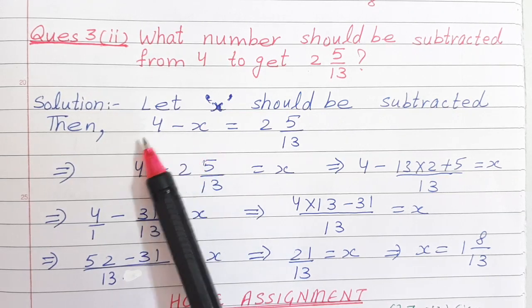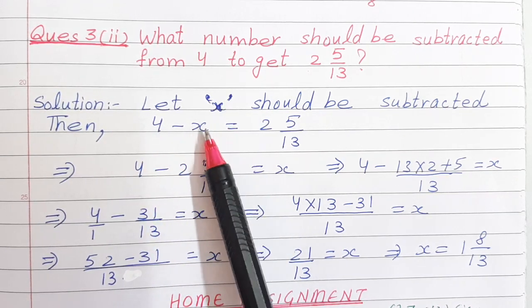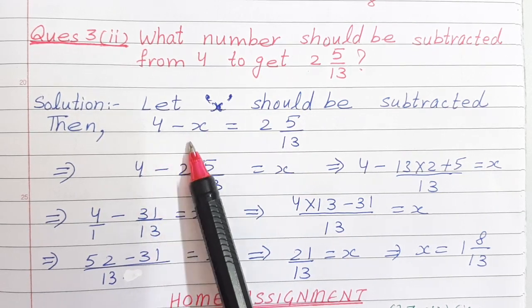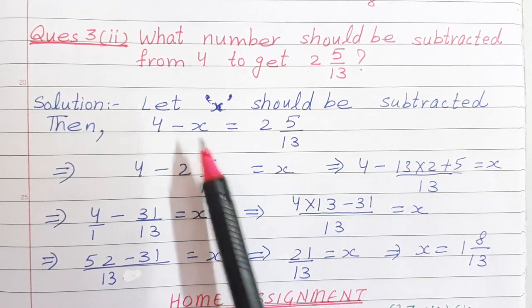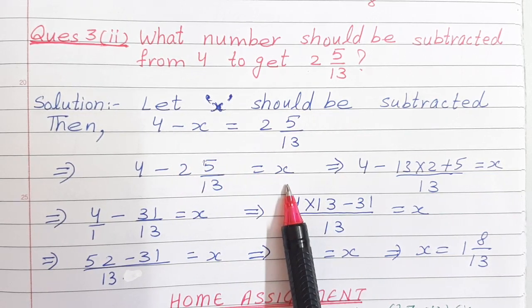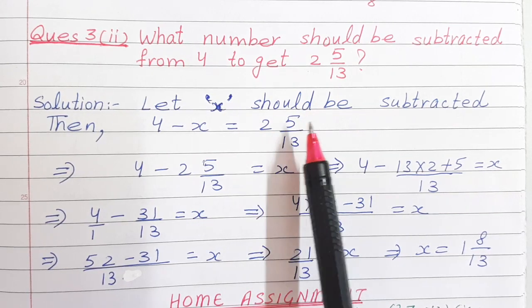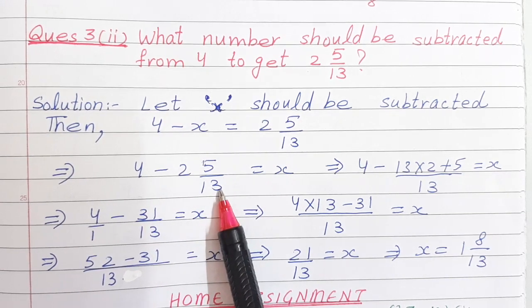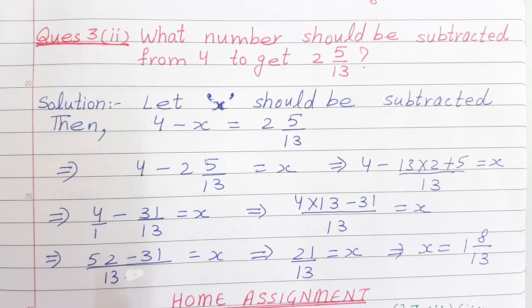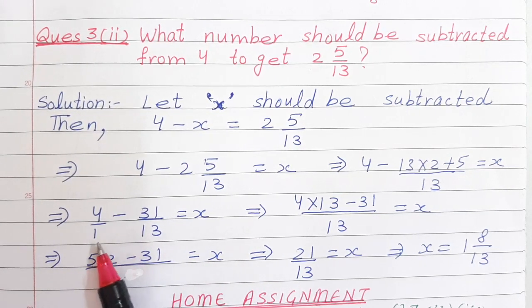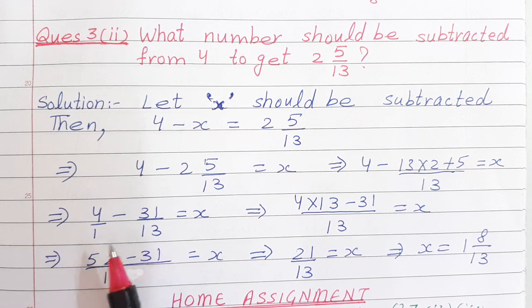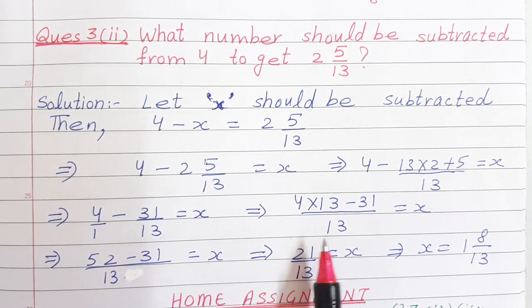So here you can shift x to that side. Now whenever you are going to shift x from left to right, minus x will become plus x, that is positive x. And 2 5 by 13, when you shift from right to left, it will become minus 2 5 by 13, right? The sign will get changed. Now you can see that the denominator is not same. These two are unlike fractions. So let us take the LCM. The LCM of 1 and 13 is 13 only.